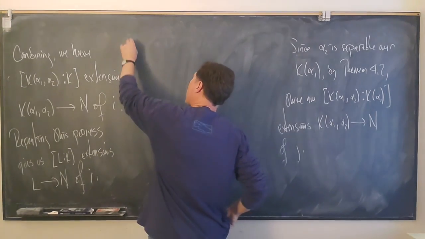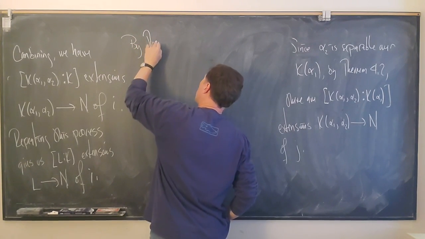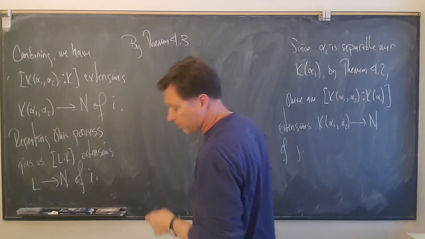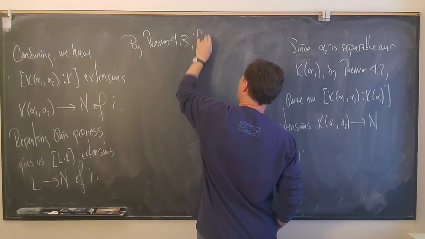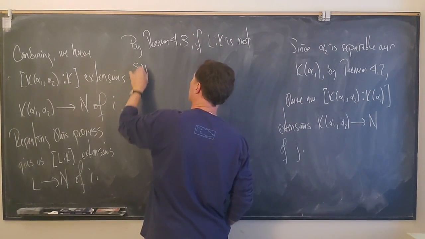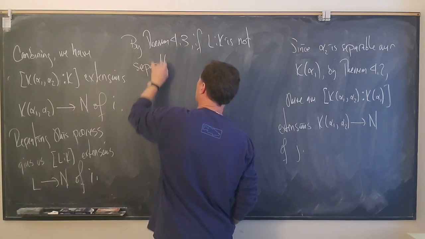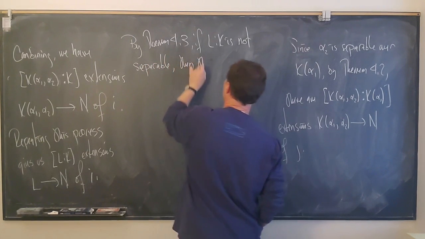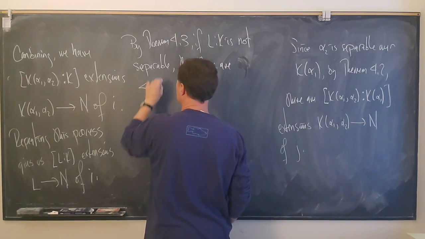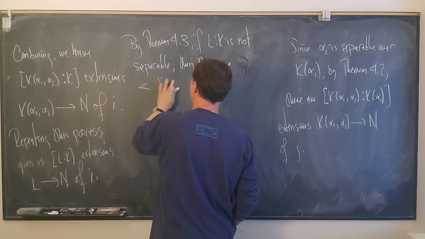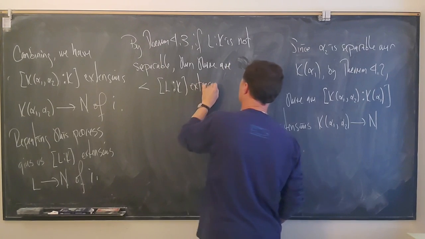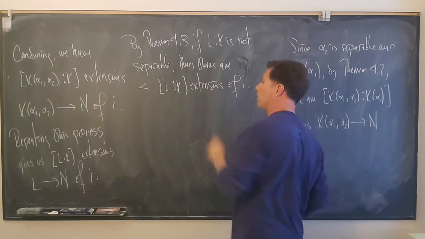So now, by theorem 4.3, if L over K is not separable, this is the otherwise part, then there are strictly less than the degree of L over K extensions of I. But what do we say here?